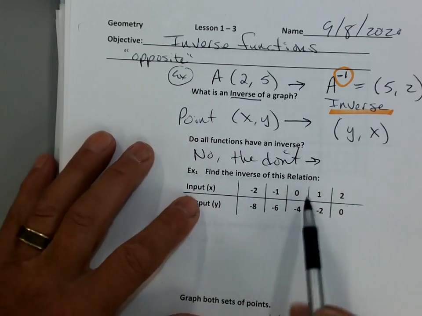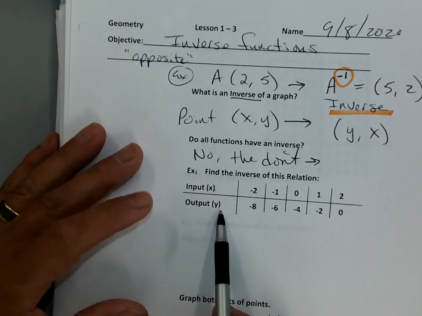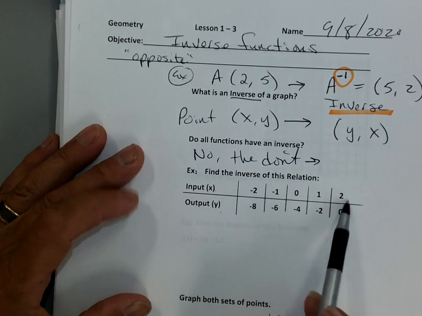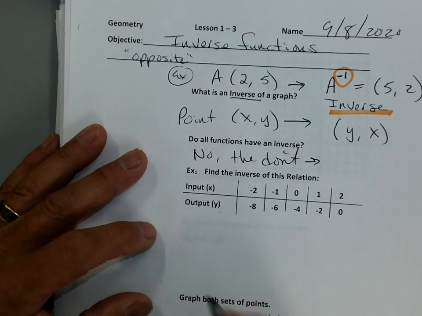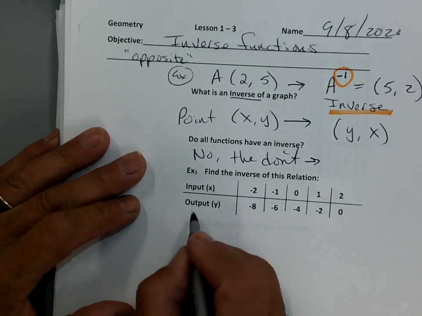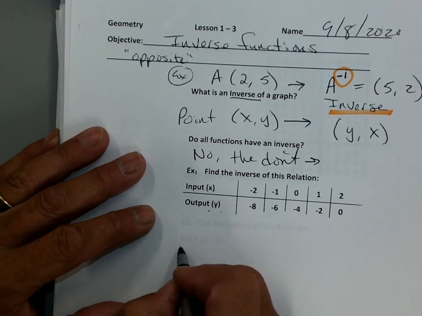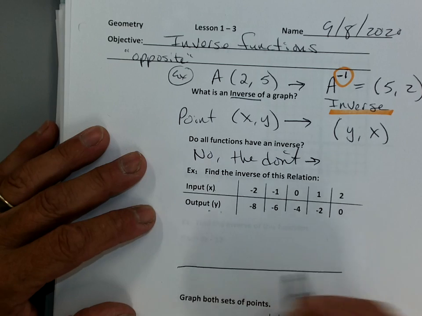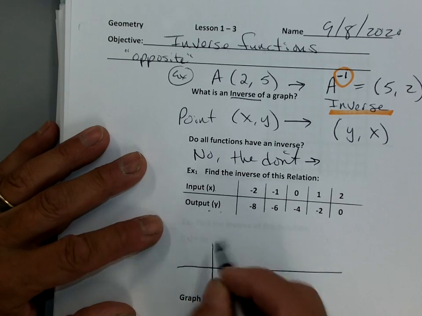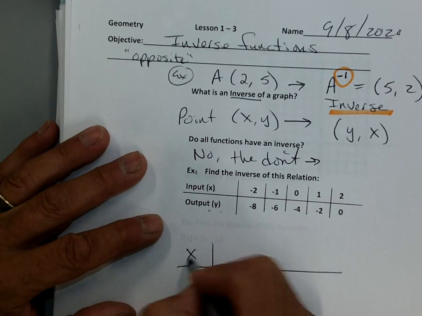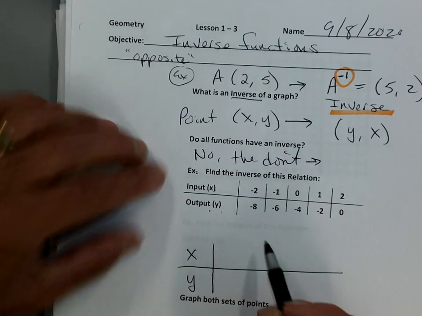All right, so we know that here's our x and our y, okay? So what I want to do is just switch this around. So to get the inverse, I make the input the output. So I'm going to say, okay, my new chart would be this. My new x and my new y would be, you ready?